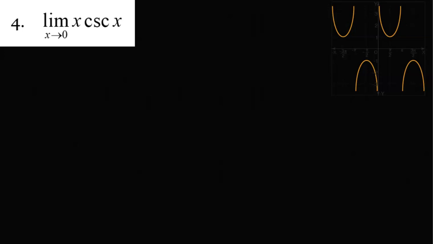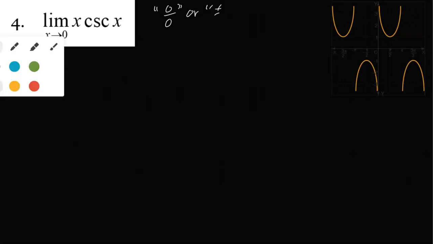This is an application of L'Hopital's rule. Remember, L'Hopital's rule says if you have a limit of the form 0 over 0 or plus or minus infinity over infinity, then you can apply the L'Hopital rule.